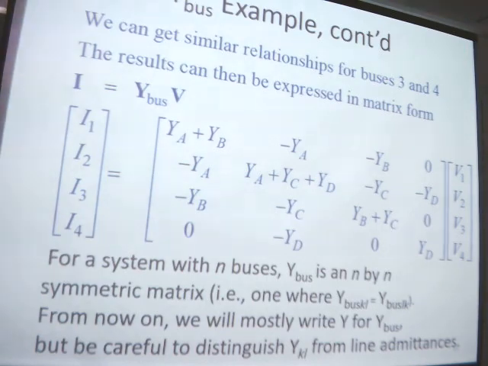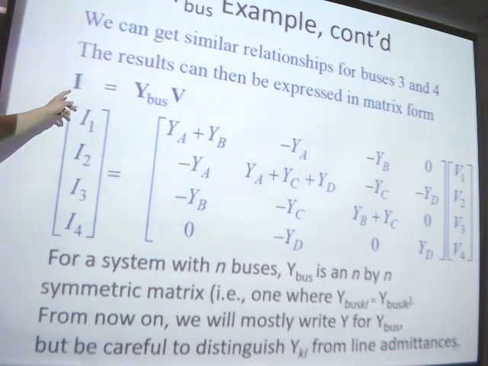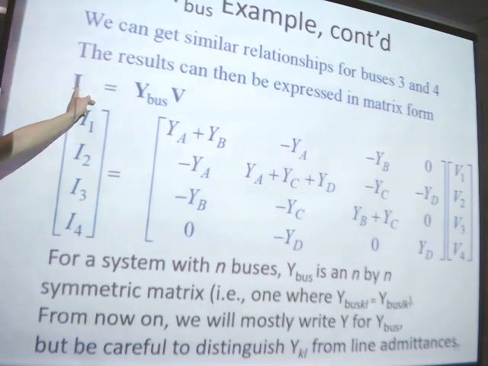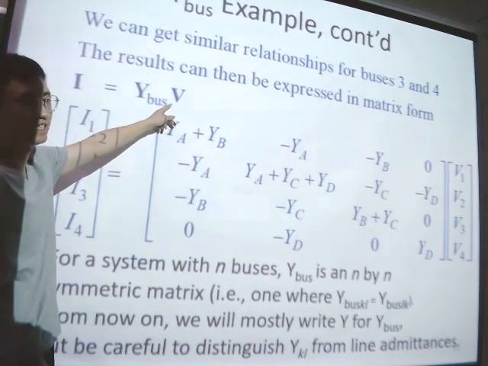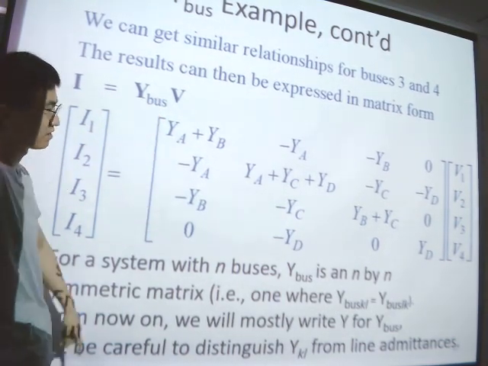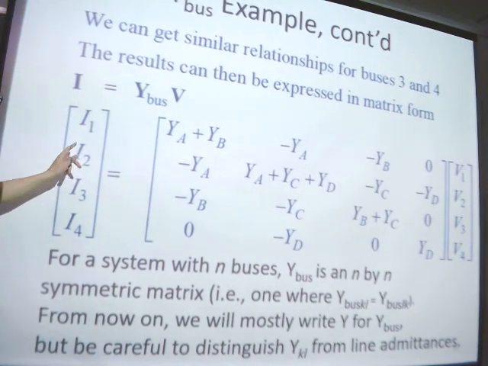And we will repeat the steps from bus 1 and bus 2. So the relationship between the current and the voltage is through the Y bus, 1, 2, 3, 4.